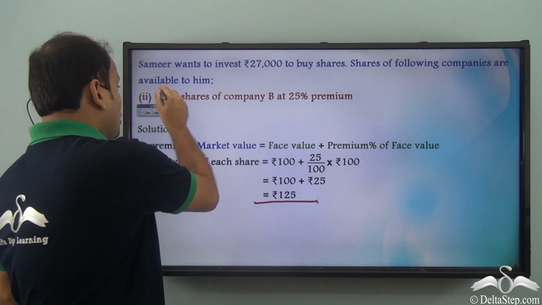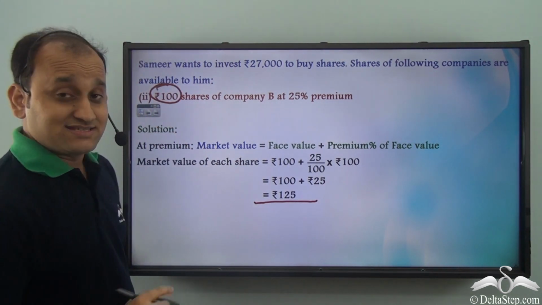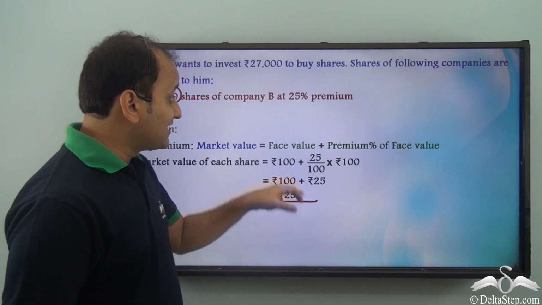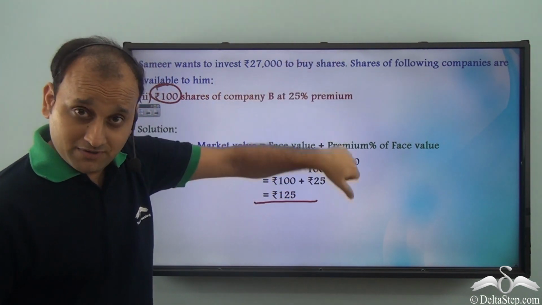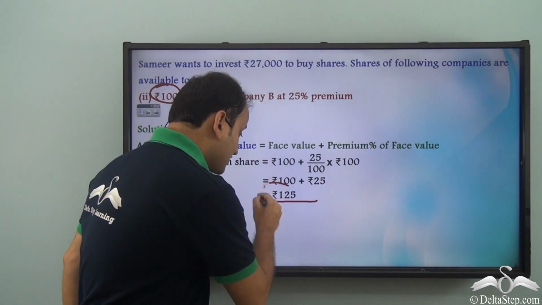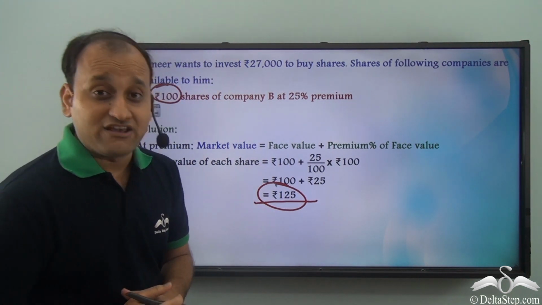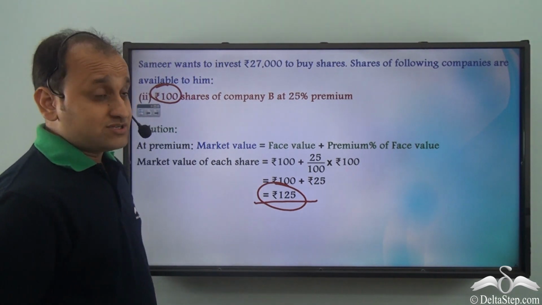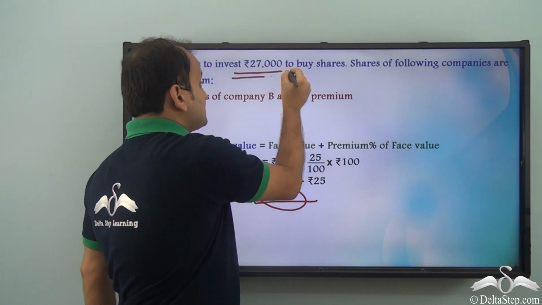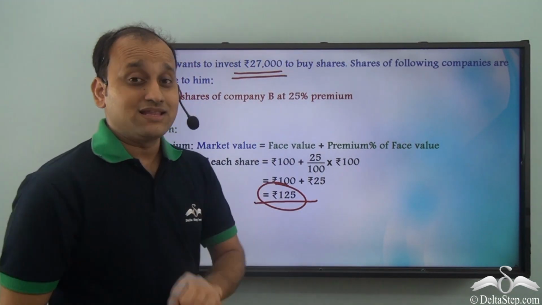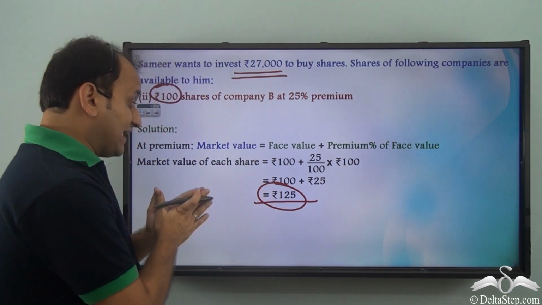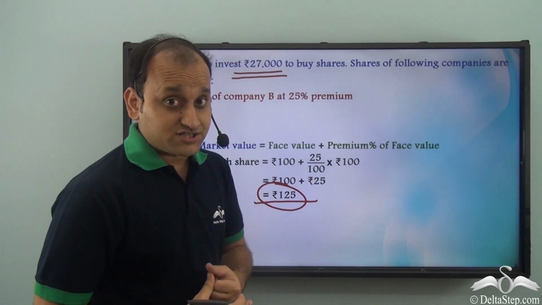So while the nominal value of share is rupees 100, it is selling at 25% premium, or it is selling at rupees 125. Now what is the amount that is available for investment? Rupees 27,000. Now we need to find out how many shares can be bought.